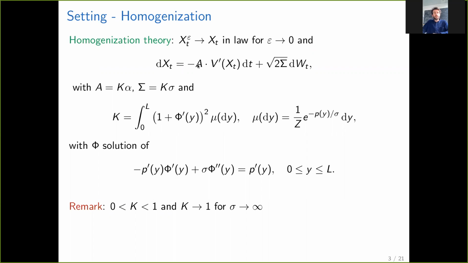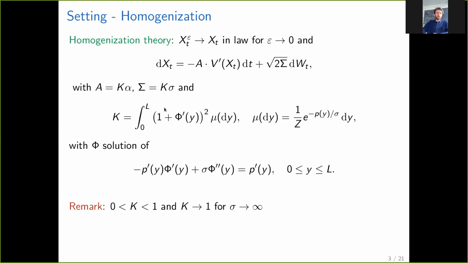And the drift and the diffusion coefficients are actually multiples of the original drift and diffusion coefficients, where the proportionality constant K is given by the average with respect to this measure, which is actually the invariant measure of the fast component of our process.